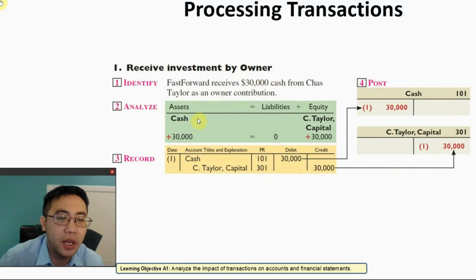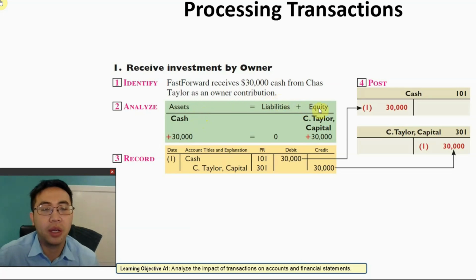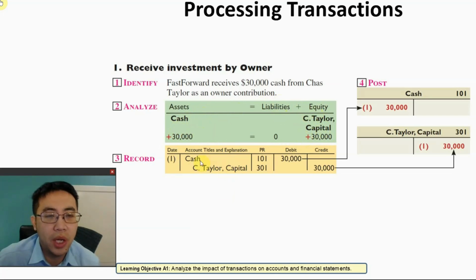And then we analyze using this basic accounting equation, assets equals liabilities plus equity. We will see the cash got an increase and equity got an increase in this transaction. And then we do the recording. So we use this general entry, this account. Cash got a debit because it increases, that's an asset.